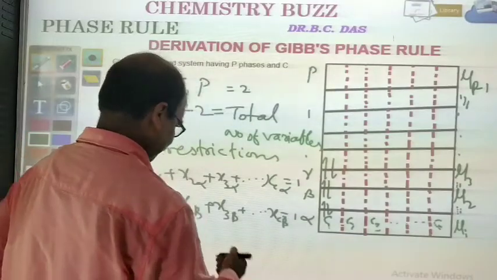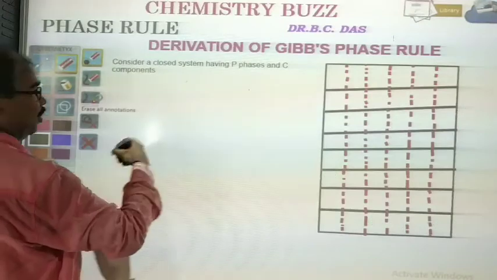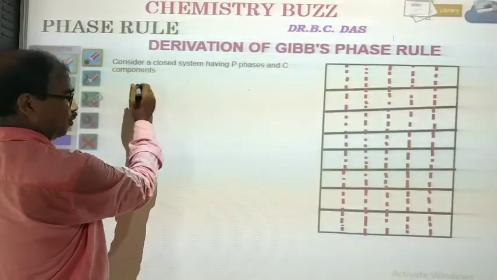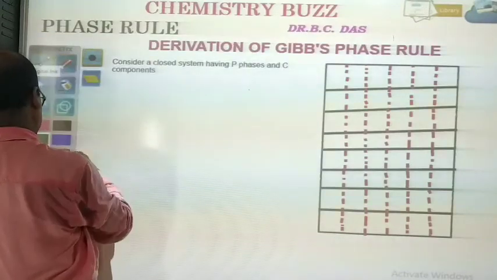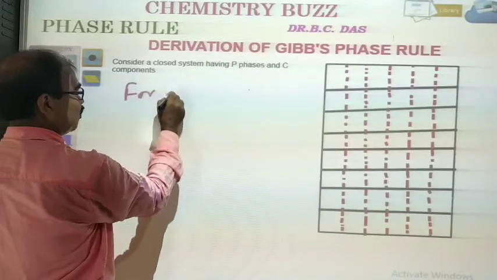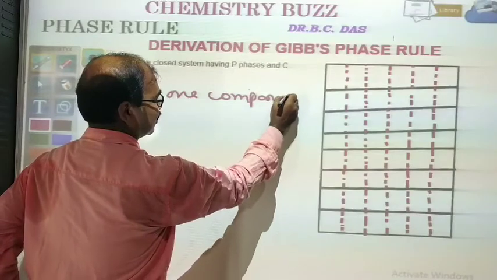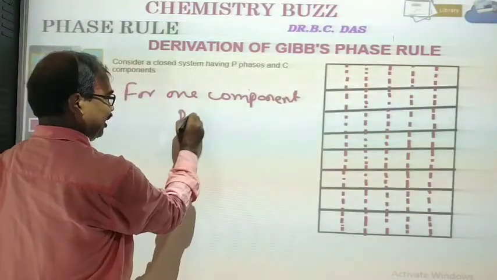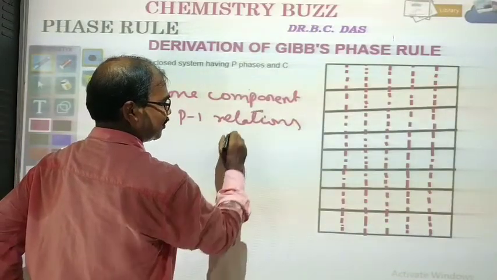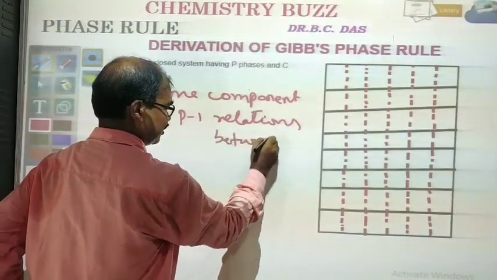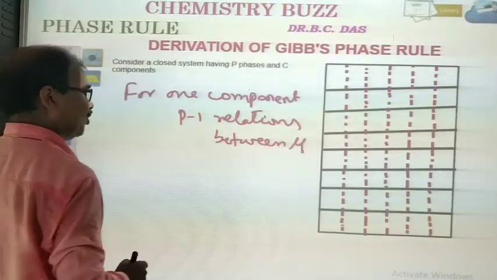So for one component, there are P minus 1 relations between chemical potentials.